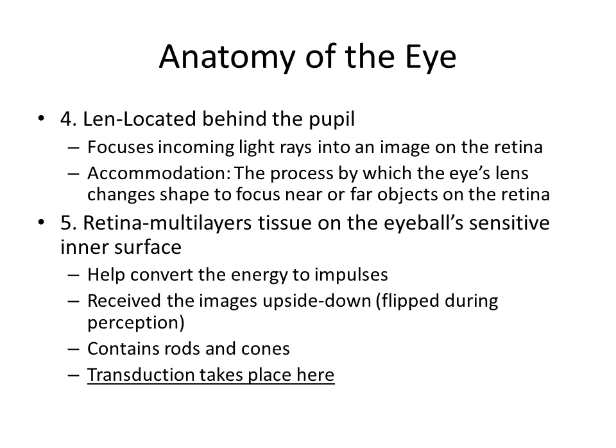Okay, and then on your diagram you have the lens. The lens is located right behind the pupil. It focuses incoming light into images on the retina. It goes through a process of accommodation. This is the process by which the lens changes shape to focus near and far objects.